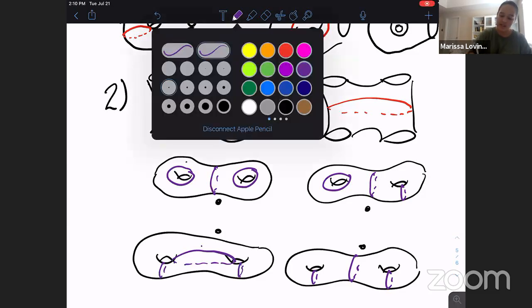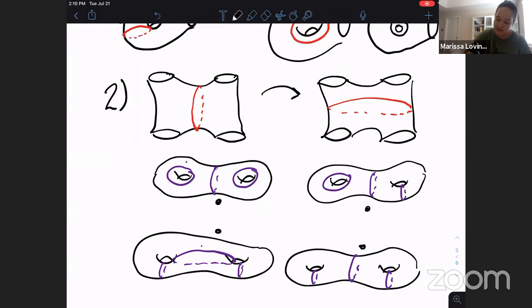And so now we can see that this is giving us a path here. These two are connected because we did this elementary move, swapping this curve with this one. These two are connected because, again, here we did a swap from this one to this one. And then finally, these ones are connected because of the swap from this central separating curve to this non-separating curve over here.